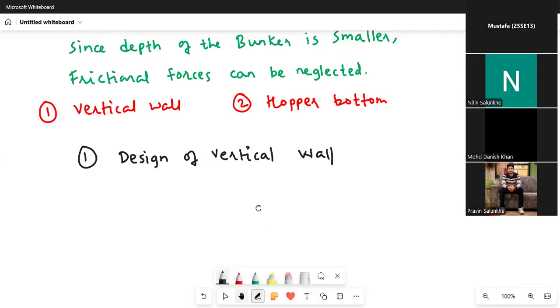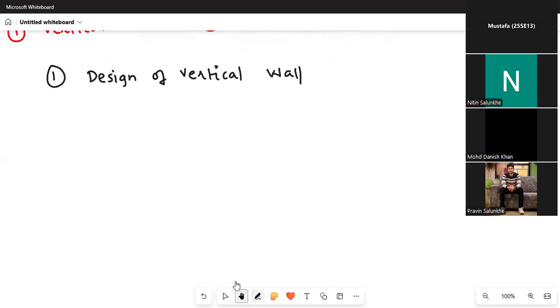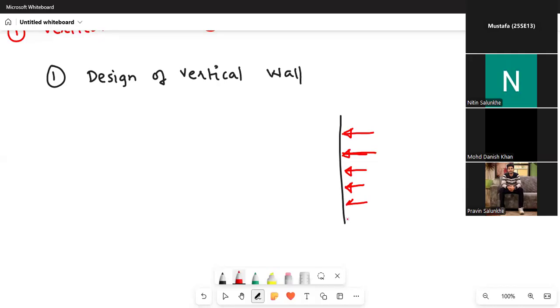We came to know that the vertical wall is subjected to lateral pressure. This is a vertical wall, and because of the material, there will be lateral pressure. And how to find this lateral pressure? This lateral pressure can be found out by using the Rankine formula.